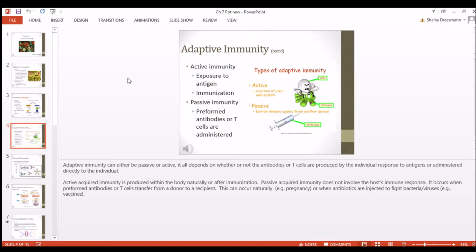Vaccines are dead or weakened microorganisms that help our body easily fight them and remember them. RhoGAM shots and antibody shots are the actual antibodies themselves, injected into us so we can use them to fight bacteria in the future. Passive is when we don't actually grow it ourselves. We get it from mommy or from a shot.